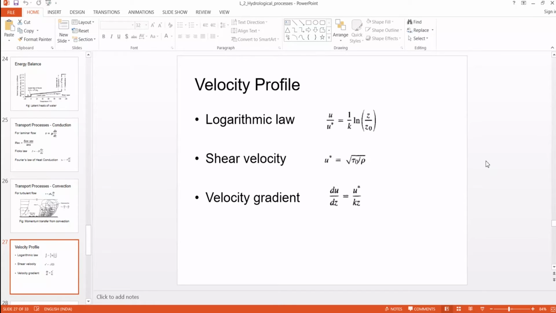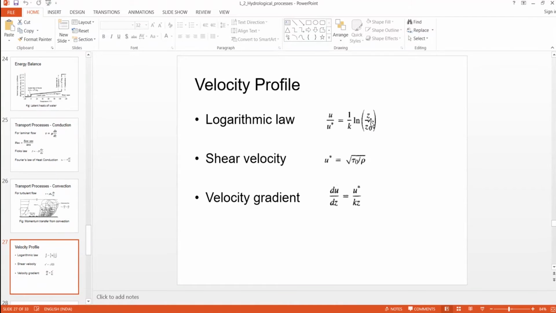To find out how evaporation and other processes are influenced by the wind velocity, we need to know the velocity profile of the wind. That is approximated by the logarithmic law. That is given here: u by u star is equal to 1 by kappa log z by z naught. This kappa is a universal constant, given by von Karman, a famous physicist.